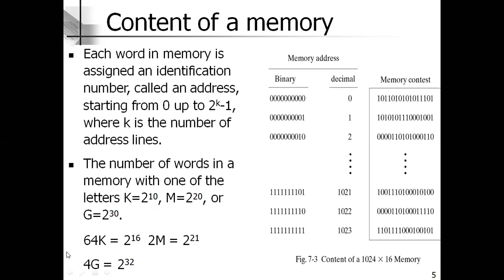So in this memory unit, with a capacity of 1K words, 1K words is 2 power 10, and each word can contain 16 bits. So 16 bits is nothing but 2 bytes, since 1 byte is equal to 8 bits, that is 2 into 8 is equal to 16.